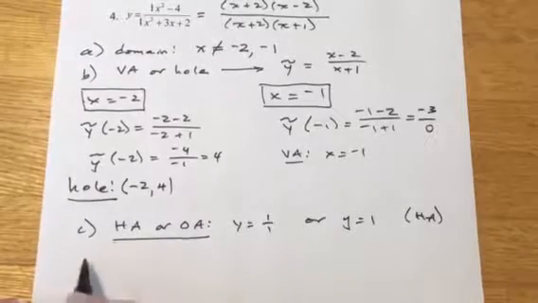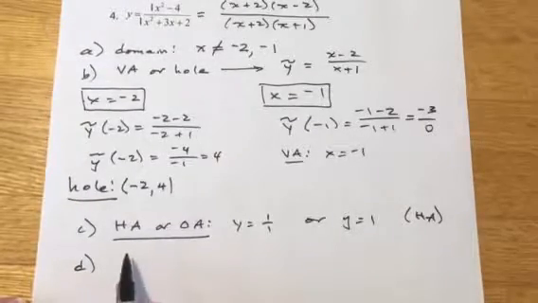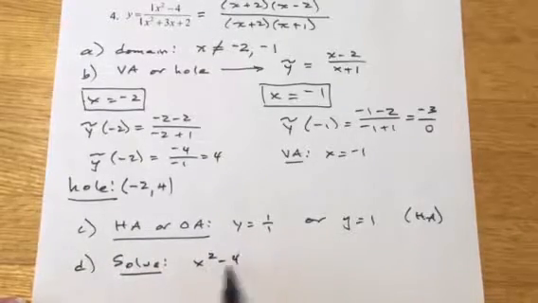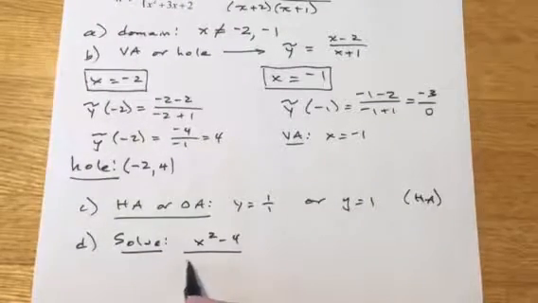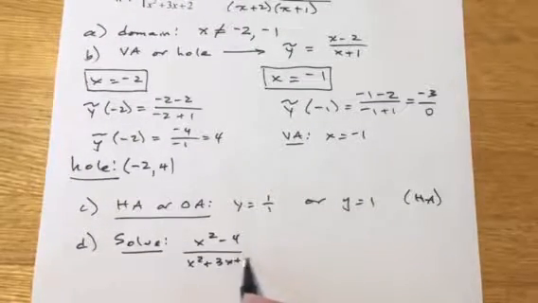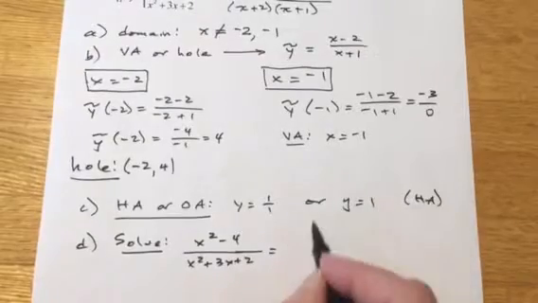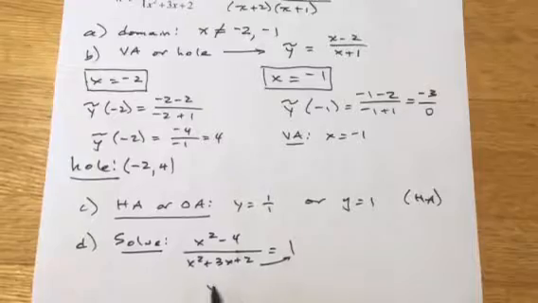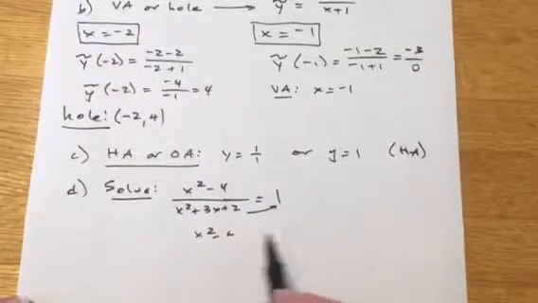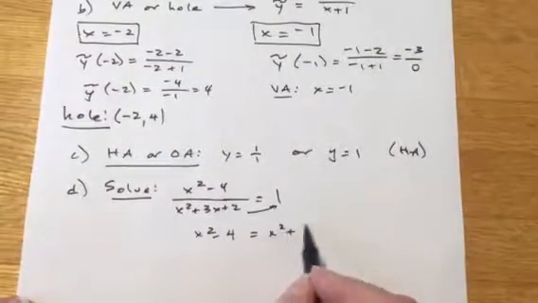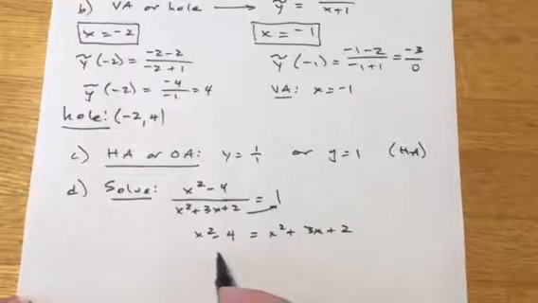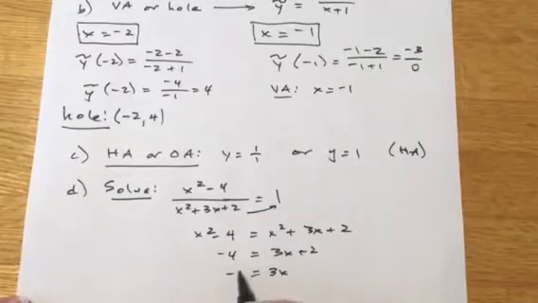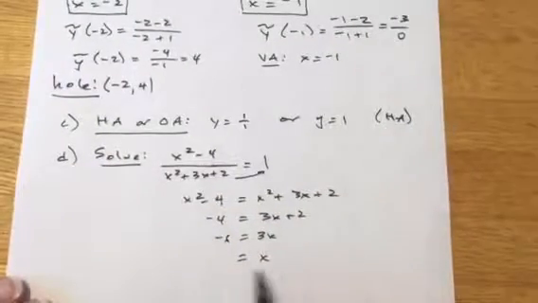Now we're just looking to get a couple points. Does it cross the horizontal asymptote? So we solve: does the function (x² - 4)/(x² + 3x + 2) ever equal your asymptote, y = 1? We clear fractions, so x² - 4 = x² + 3x + 2. Subtract out the x squareds, subtract 2, divide by 3.